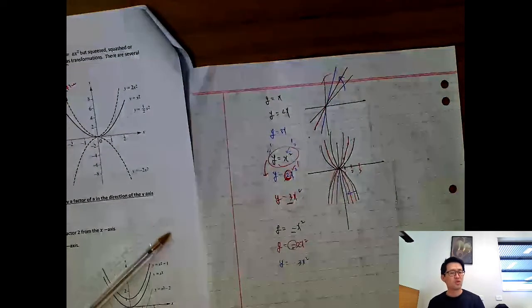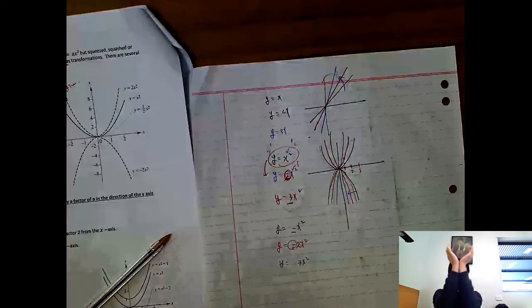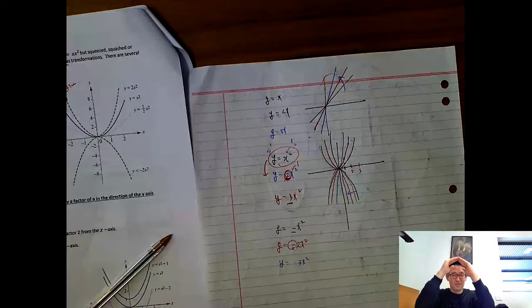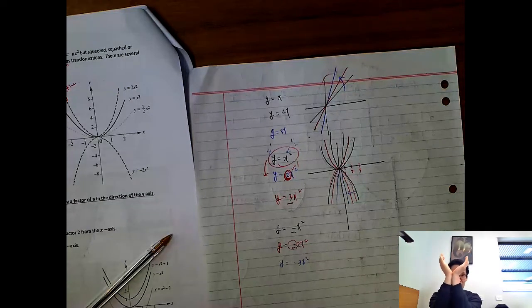So usually the first thing I'm looking at is: is it positive or negative? Positive, negative, negative, right? Y equals x squared, 2x squared, 3x squared this way; y equals minus x squared, minus 2x squared, minus 3x squared, narrower.